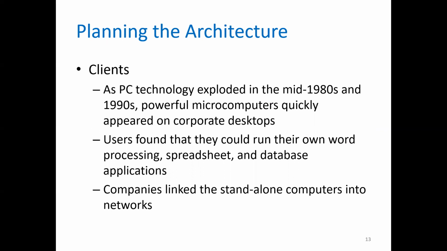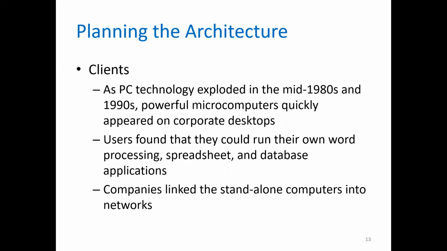As PC technology exploded in the mid-1990s, powerful microcomputers quickly appeared on corporate desktops. Users found that they could run their own word processing, spreadsheet, and database applications. Companies linked these standalone computers into networks.